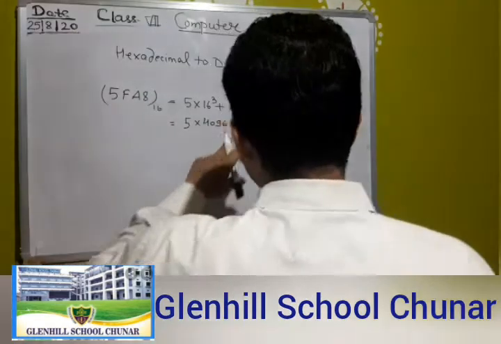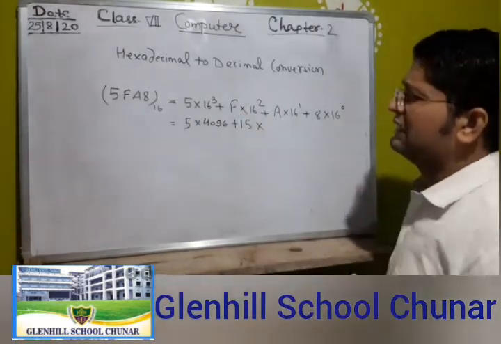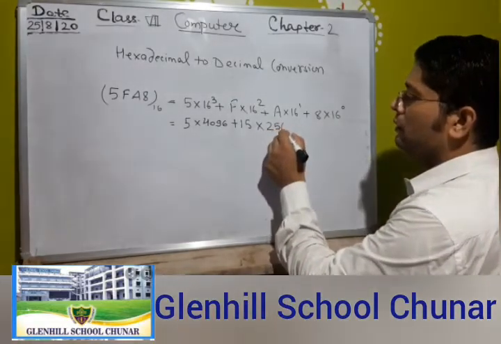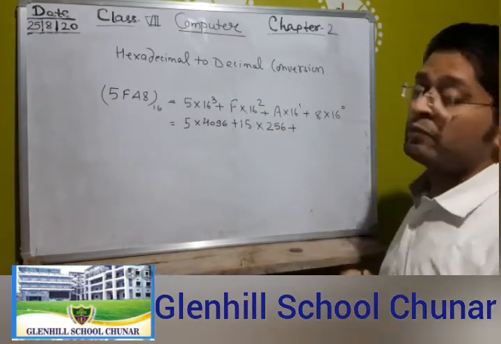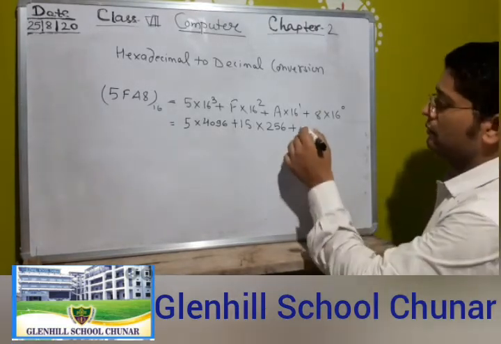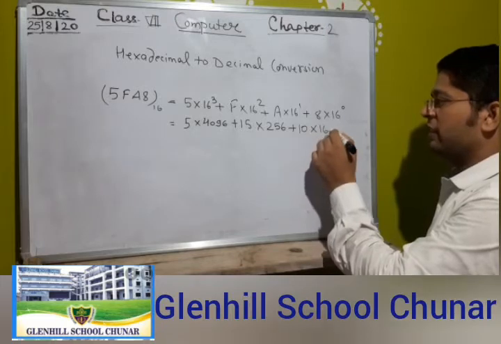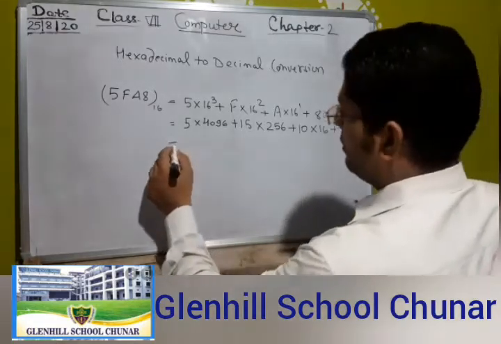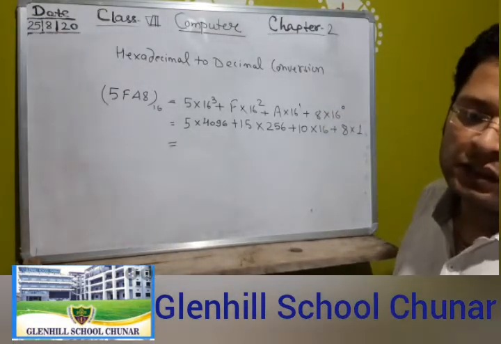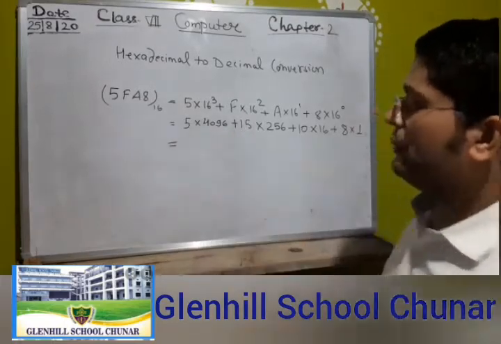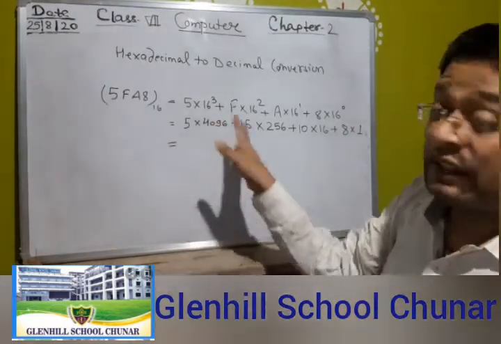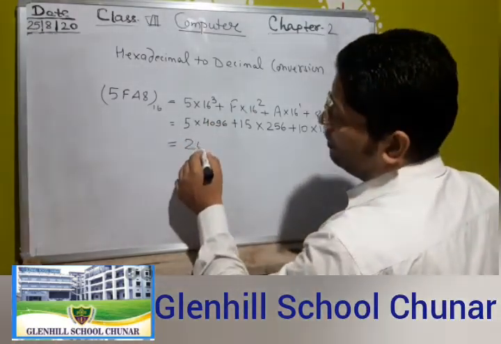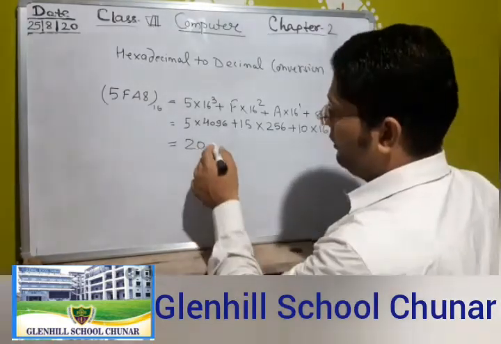So F, 16 squared, that value is 256, plus A value is 10 into 16, and plus 8 into 1. Clear? So multiply 5 into 4096, the value is 20,480.